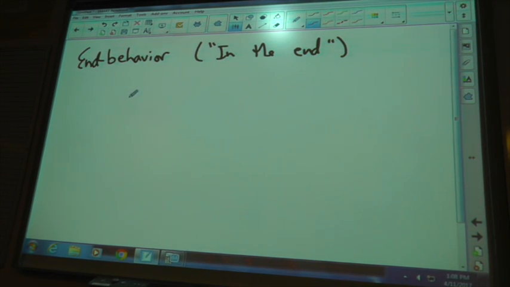So let's think of an example. Let's say we have 2x to the 5th plus x plus 1. Okay. Now let's look at the contributions of each of these terms to the total result. So let's say x equals 1.